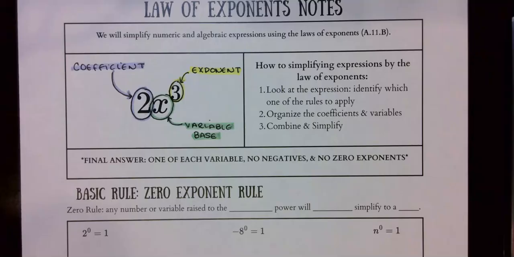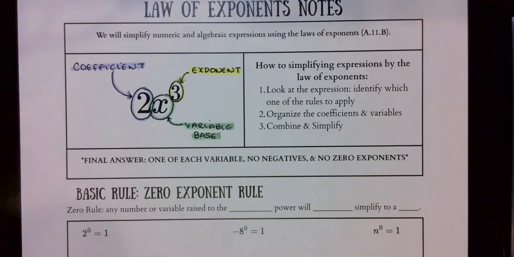Then we're going to look at all the different variables, because we are going to have more than one variable in a problem. And what we want to do is move them around to where all the x's are together, all the y's are together, z's, or any of the other letters. So that's the first thing we want to do, is to make sure that we organize it in a way that helps us simplify it a little bit better by coefficients and variables.